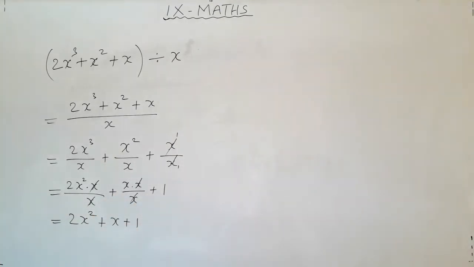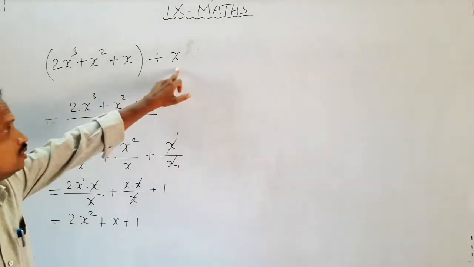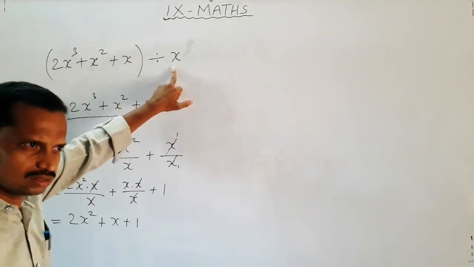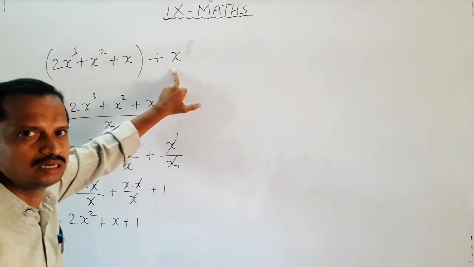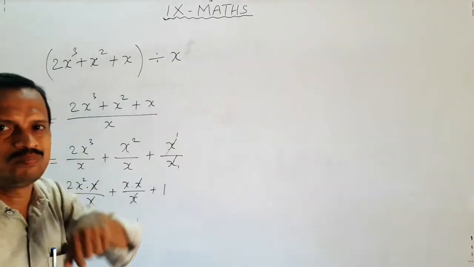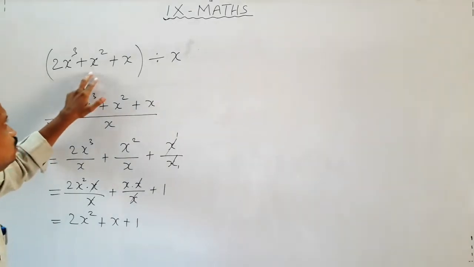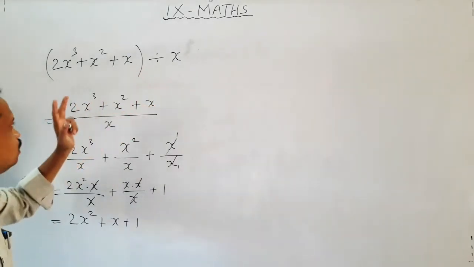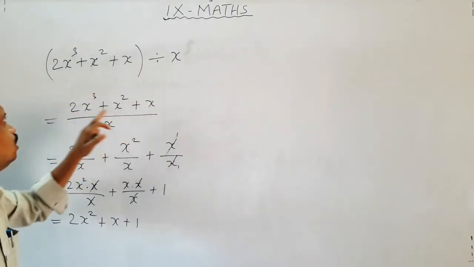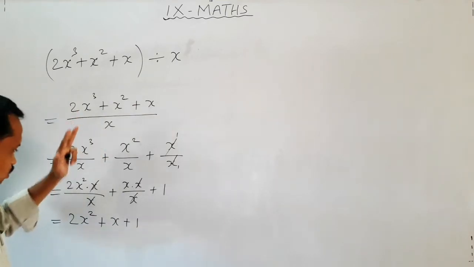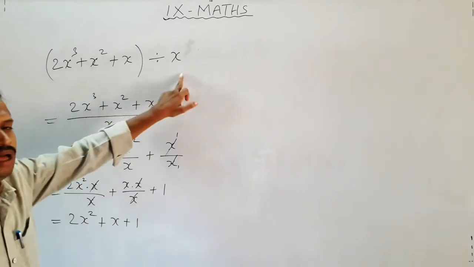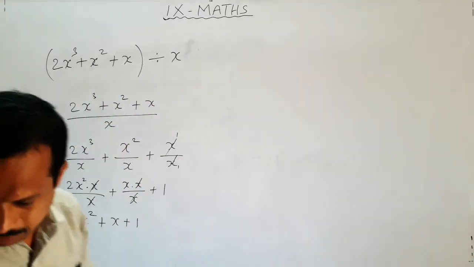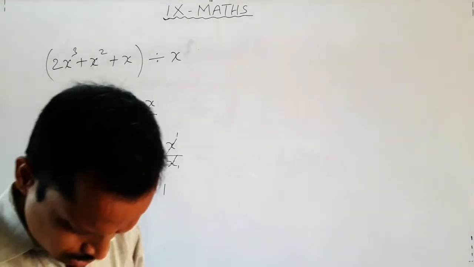So when we divide a polynomial by another polynomial, even if there is only one term x, this is also a polynomial, which is specifically called a monomial. So when dividing by a polynomial, this is the way you get the final answer after dividing this by x. Like that, you can move to the next one.